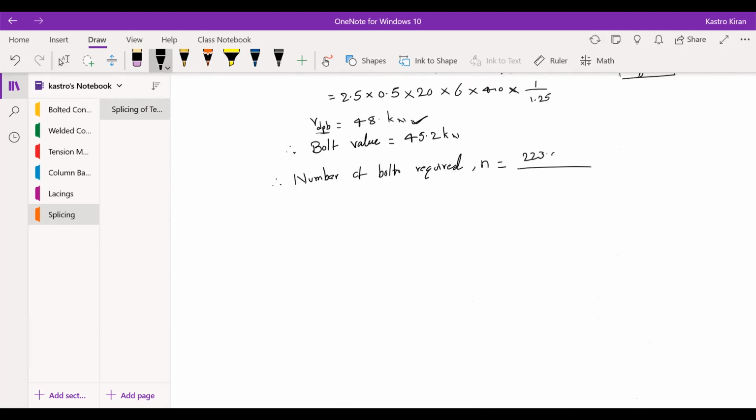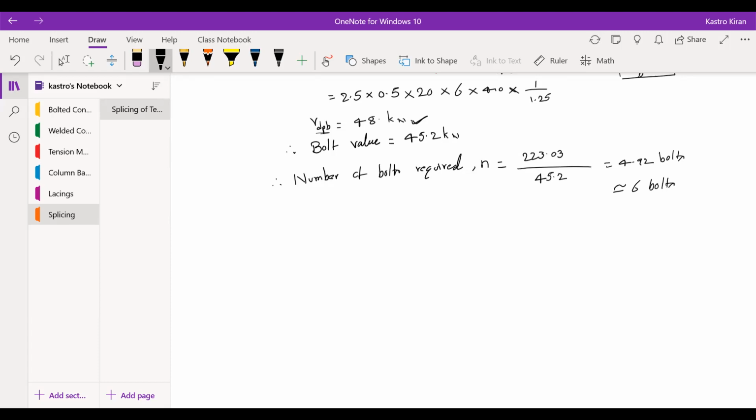So 223.03 divided by bolt value, which is 45.2. Approximately you will get 4.92 bolts, so I'm making this as 6 bolts.